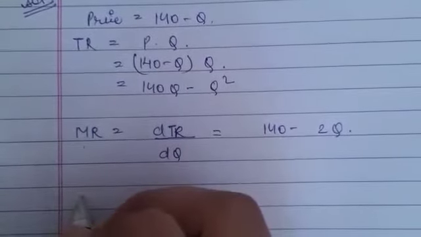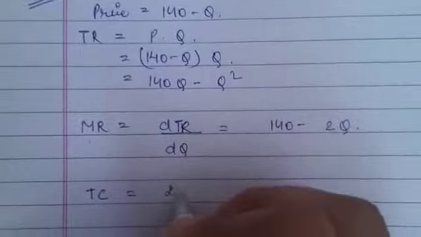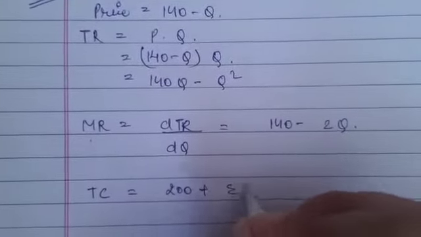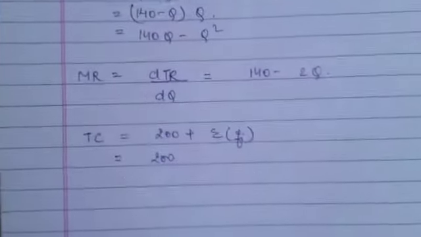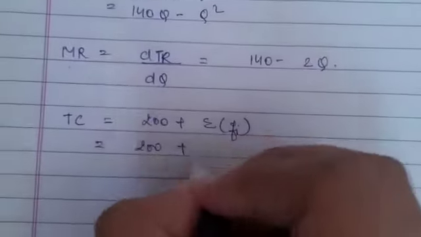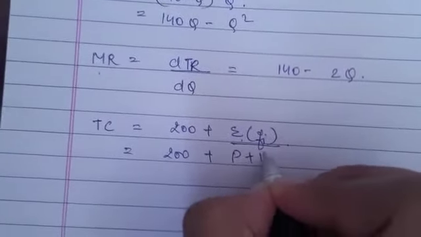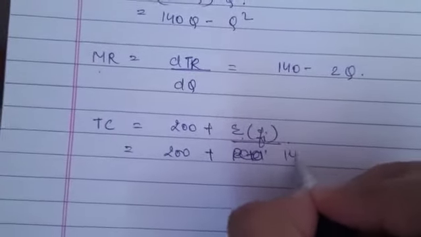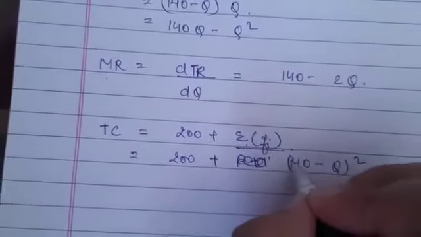Now total cost. We have been given total cost equal to 200 plus sigma C, and in place of this we will put P square, that is 140 minus Q square.